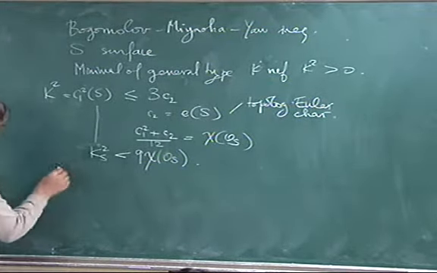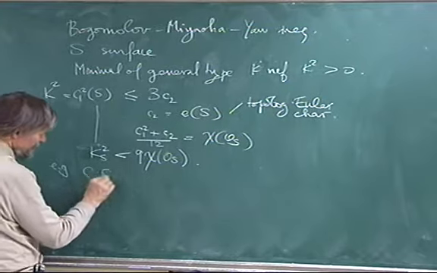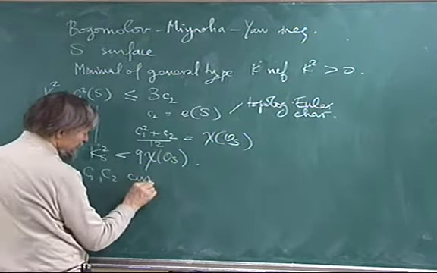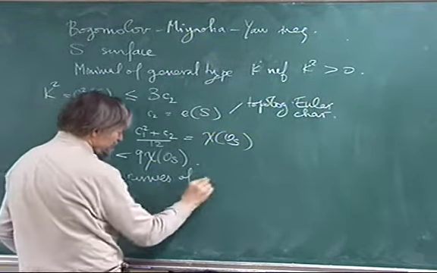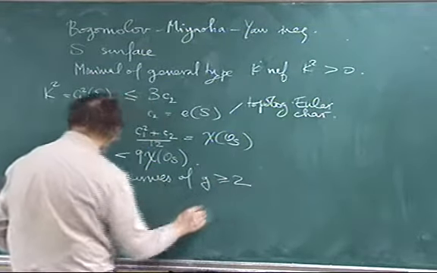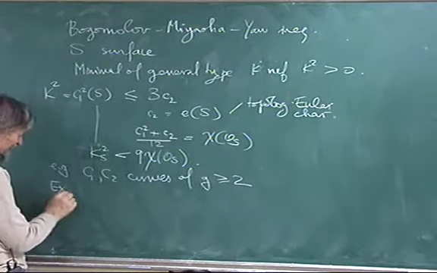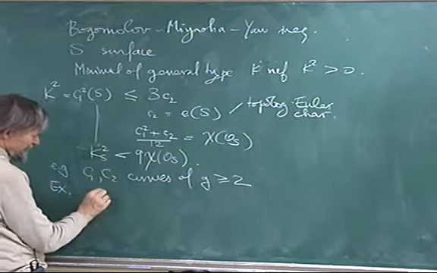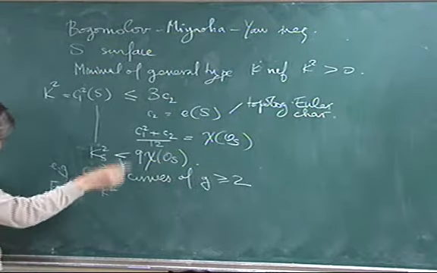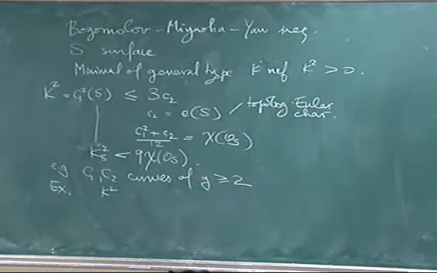So for example, if I take C1 and C2 curves of general type, curves of genus greater than or equal to 2, as an exercise you can calculate K squared. It's something like 2g1 minus 2 times 2g2 minus 2.